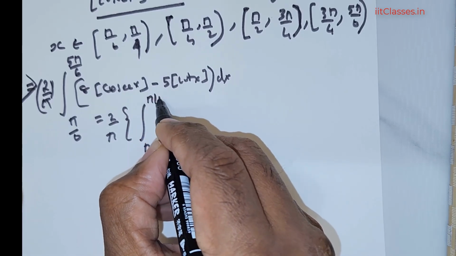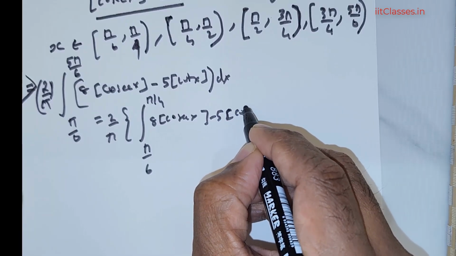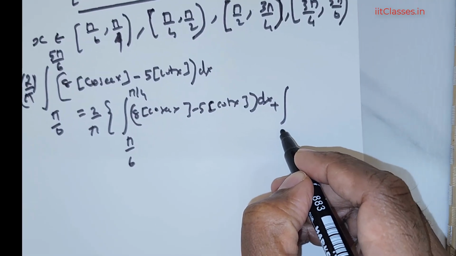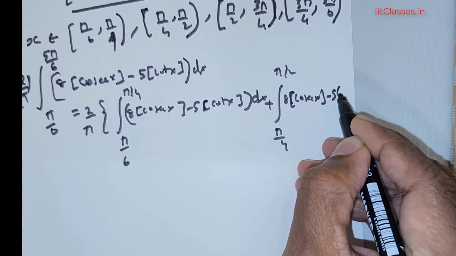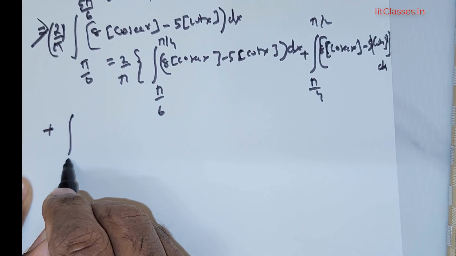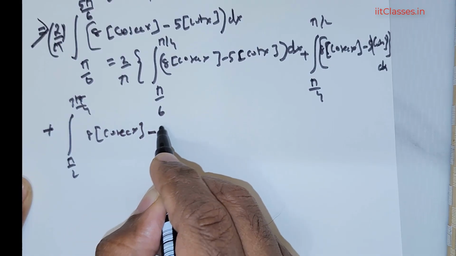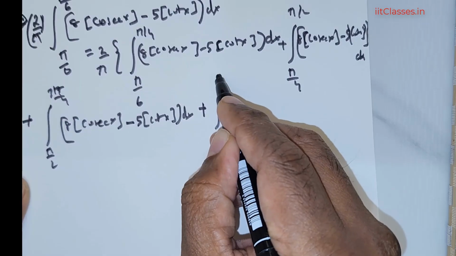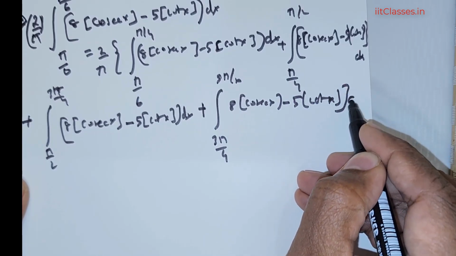The split is pi over 6 to pi over 4, 8 times the greatest integer of cosecant x, minus 5 times the greatest integer of cot x, times dx, plus the integral pi over 4 to pi over 2, 8 times cosecant x, minus 5 times cot x, times dx, plus the integral pi over 2 to 3 pi over 4, 8 times cosecant x, minus 5 times cot x, times dx, followed by 3 pi over 4 to 5 pi over 6, 8 times cosecant x, minus 5 times cot x, times dx.